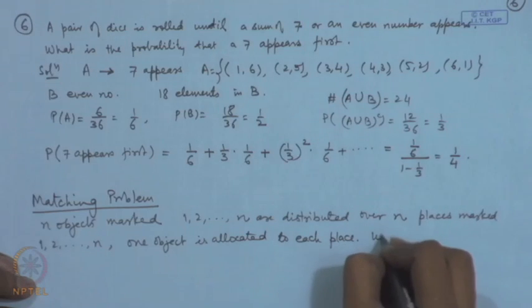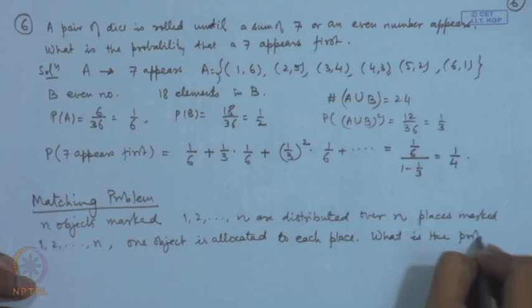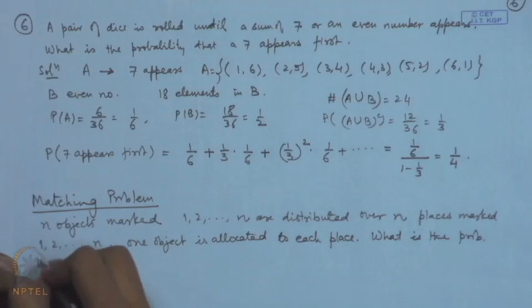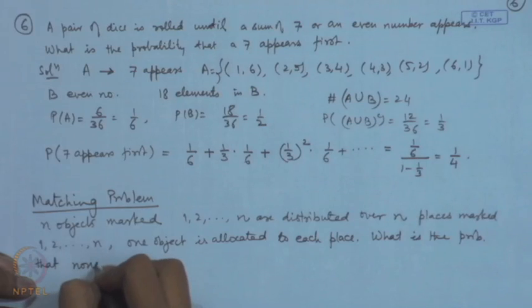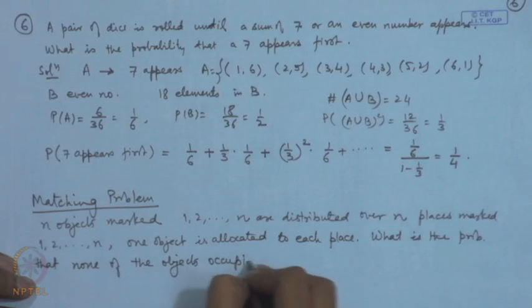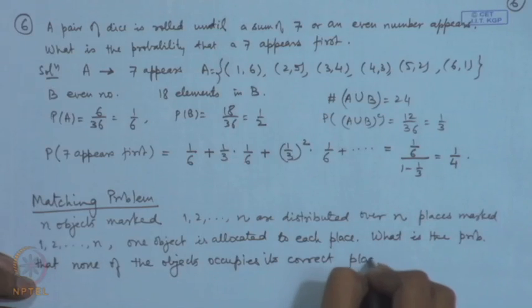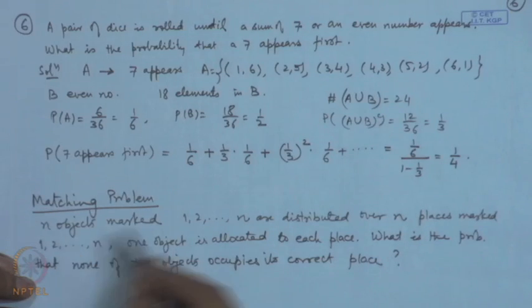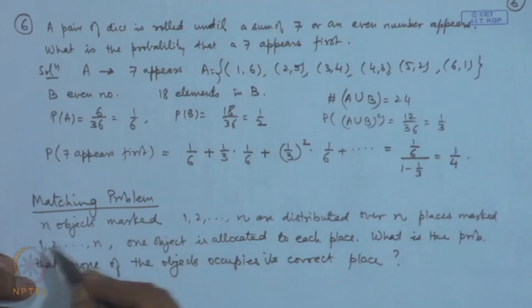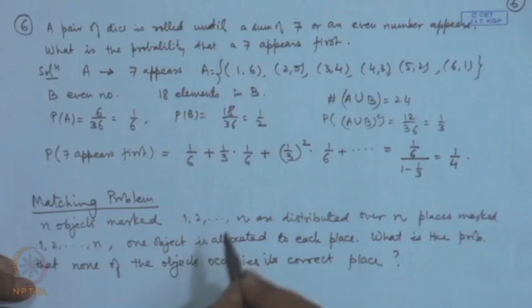What is the probability that none of the objects occupies its correct place? That means, 1 will not go to place 1, 2 will not go to place 2, 3 will not go to place 3 and so on. What is the probability of it?